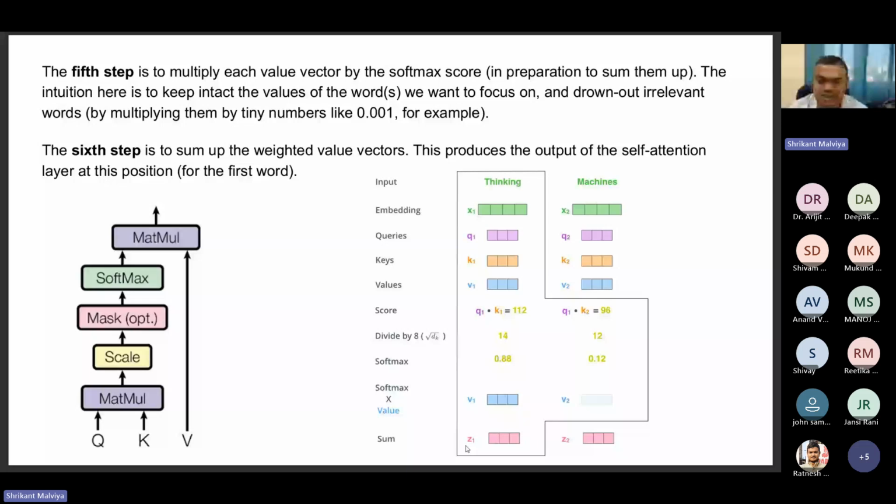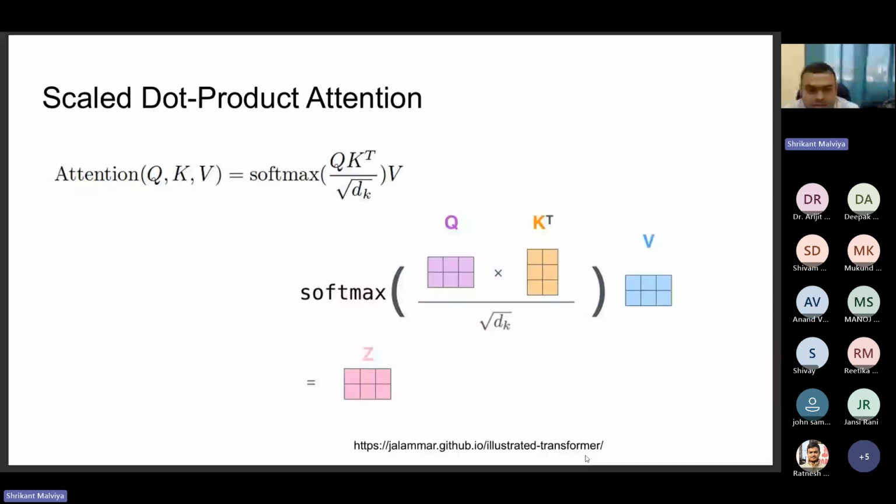We started with x1 and got the attended representation z1, and similarly z2 for the other word. That's how this formula is utilized for the attended representation of the given input in the sequence.